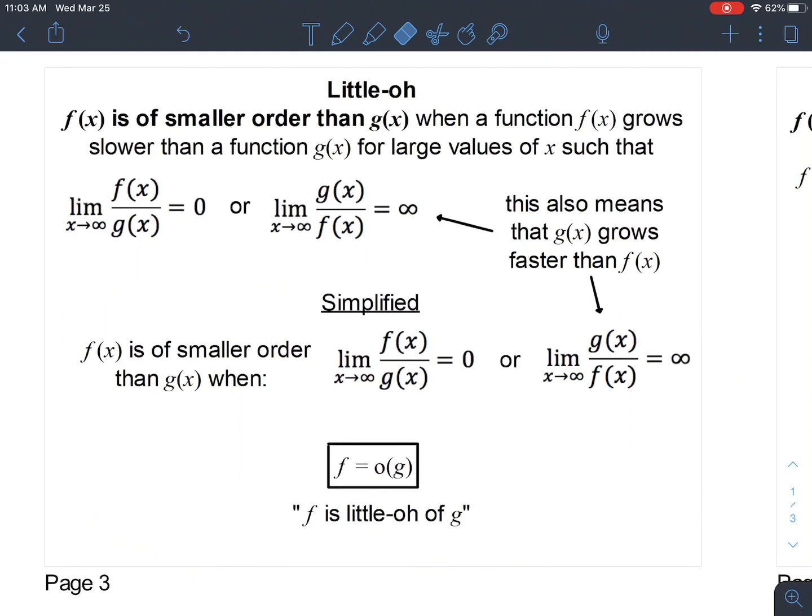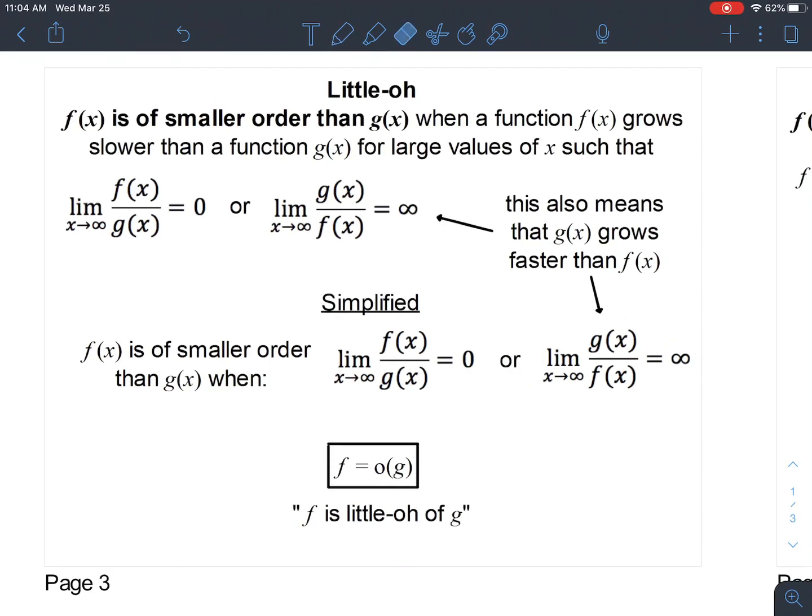Pretty much what you need to know is that our limit, f of x over g of x as x goes to infinity, needs to go to 0. Or the other one, this limit of g of x over f of x, has to equal infinity.